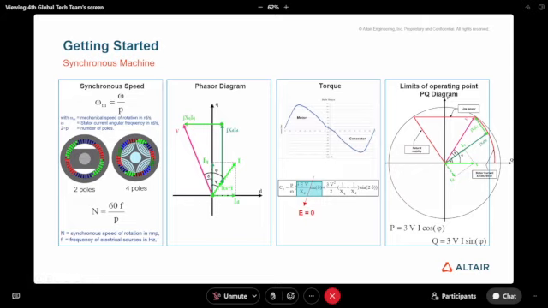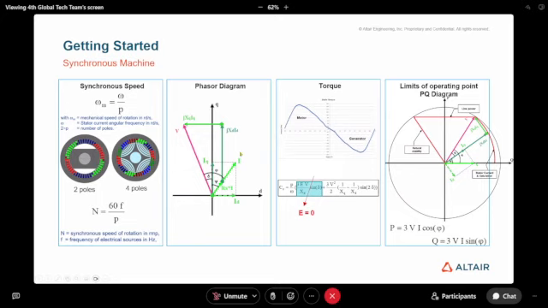This is the main difference between the synchronous reluctance machine and the permanent magnet machine, where the control angle is really only on this quadrant.